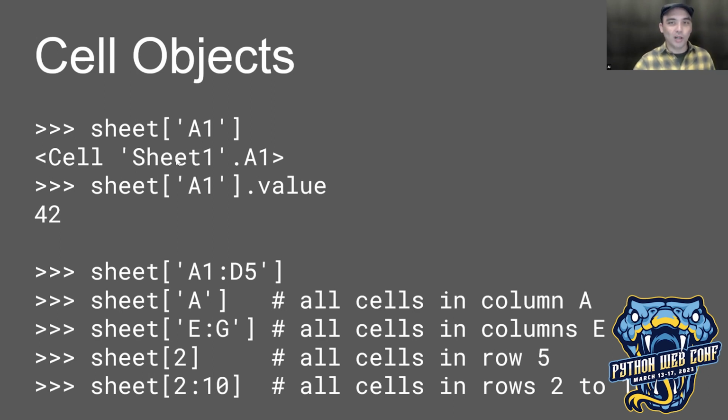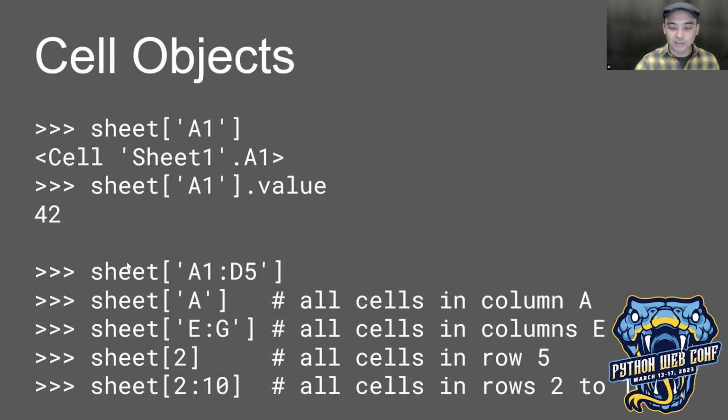Probably what you want is actually this value attribute. This is the text that actually appears inside the spreadsheet when you're looking at it in Excel. And again, these will have data types as well. There could be the integer 42, and it's not the text 42, or if it's a timestamp in Excel, it'll show up as a datetime object in Python.